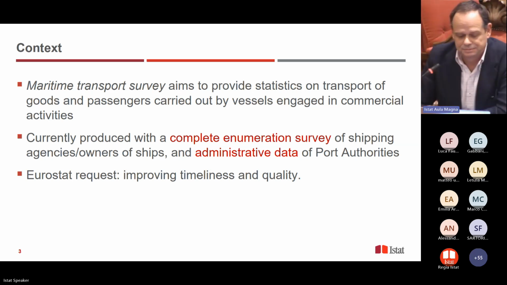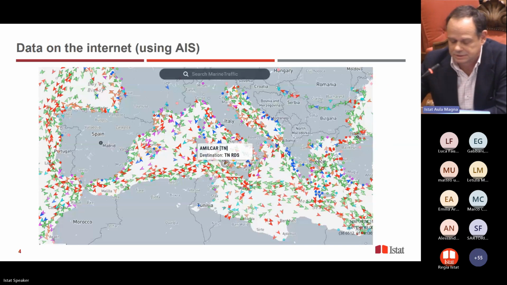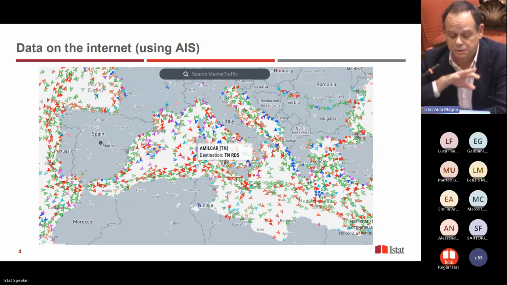On the other side, we go on the internet. You can type a name or whatever about ships, and you can see this picture. This picture is the traffic of vessels.